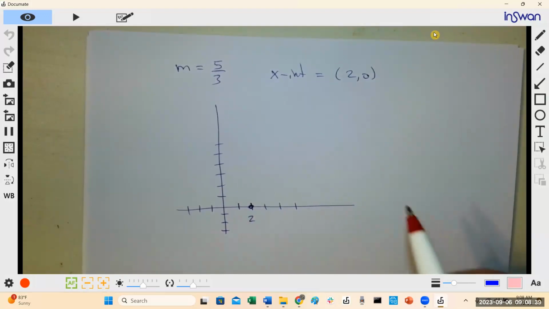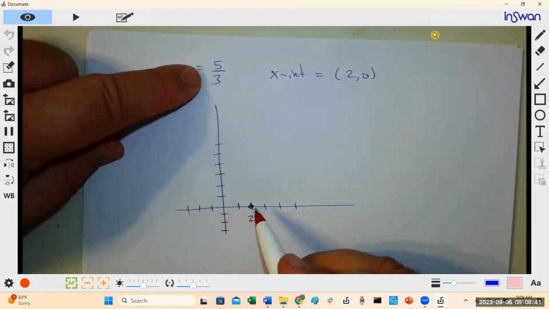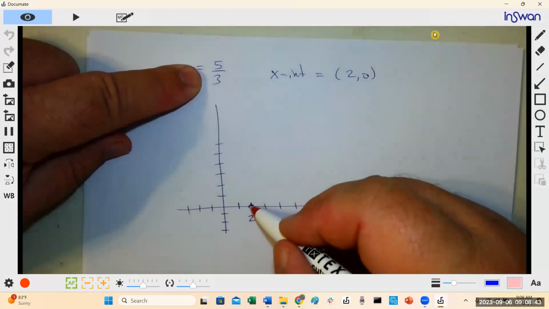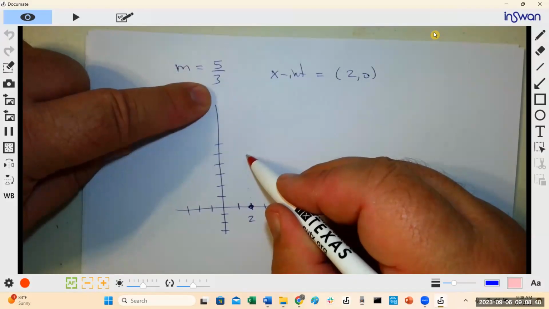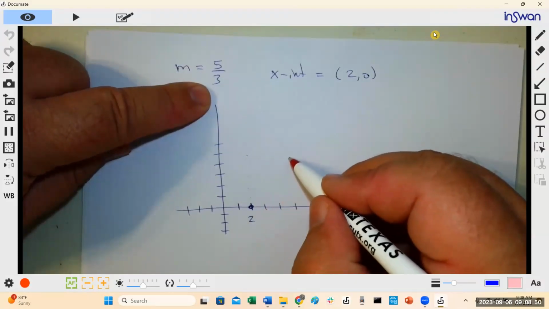Now from that point, we follow the slope. Go up 5, 1, 2, 3, 4, 5, and over 3, 1, 2, 3.